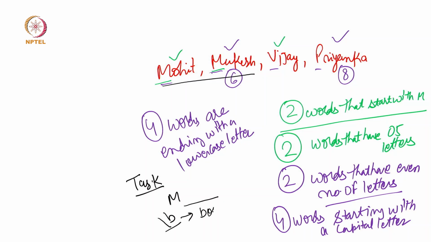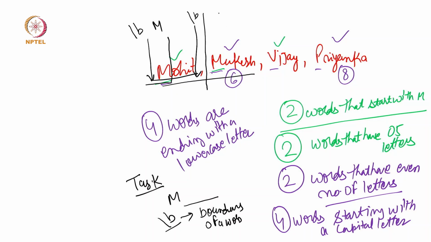It is a word boundary. For the word Mohit, there are 2 boundaries, one at the start and another at the end. So the first thing is done, our boundary, and our boundary is followed by M. So our first thing is done.